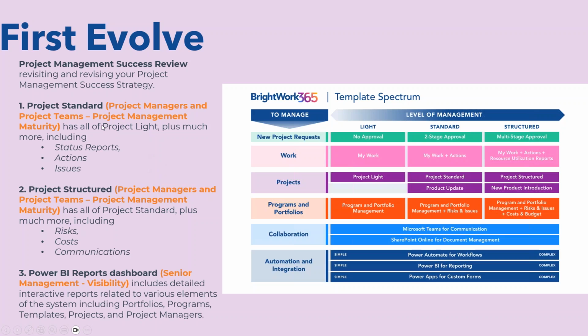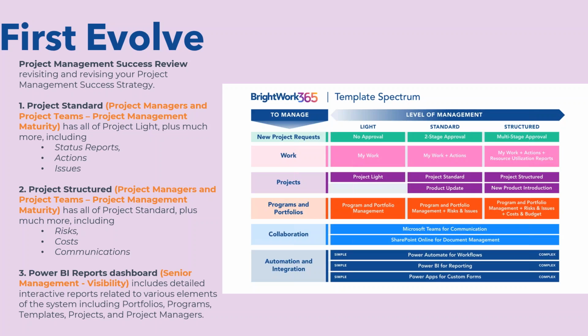So you're evolving your centralized project and portfolio management system bit by bit in a way that you'll have a successful deployment and adoption. And these were the 3 items we added in our sample, 2 different templates and more dashboards. And in orange, these were the actors we were targeting: project managers, project teams, and senior managers.